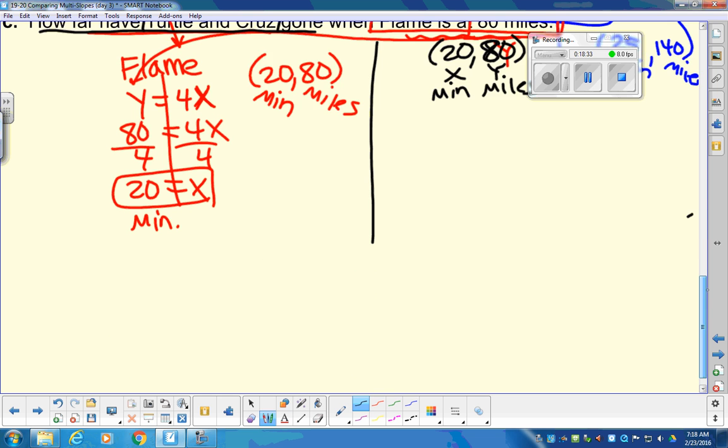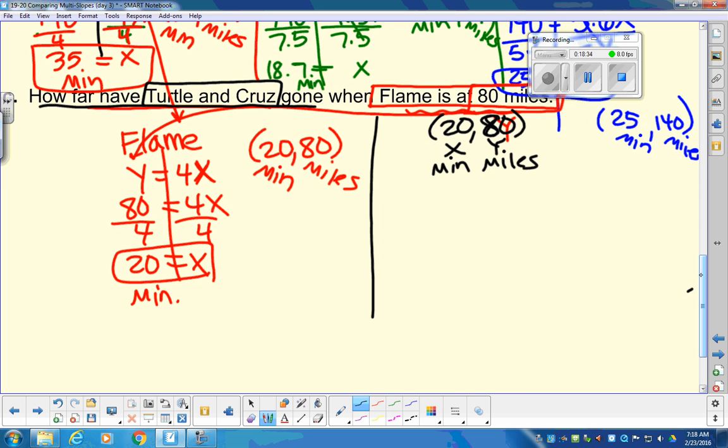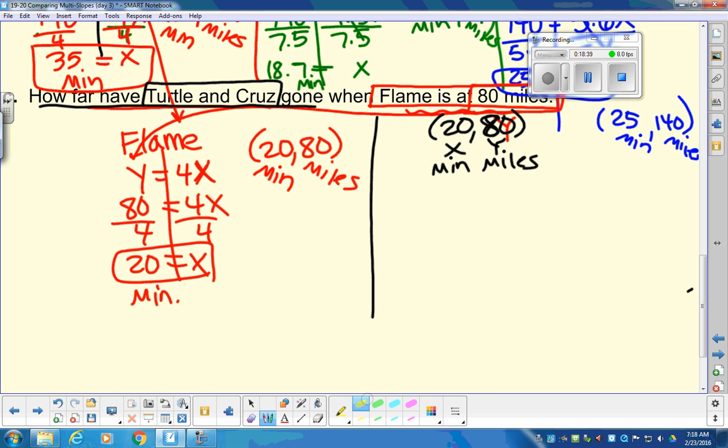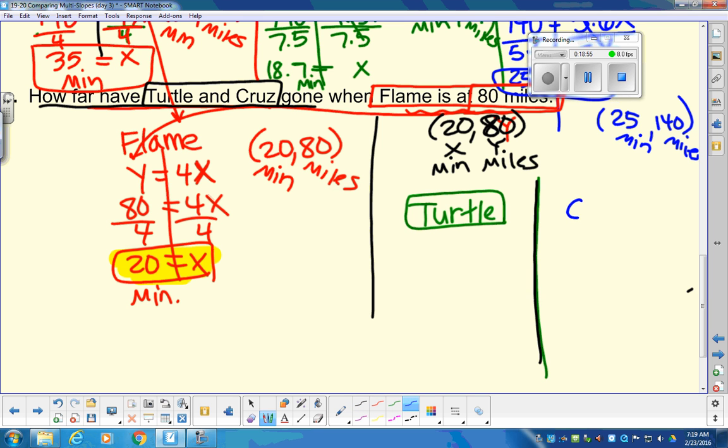So we want to know what is true when they're traveling at 20 minutes. 20 minutes is the equivalent of 80 miles for Flame. So what's going on with Turtle at that same time? And what's going on with Cruise at that same time? I'll let you catch up there.